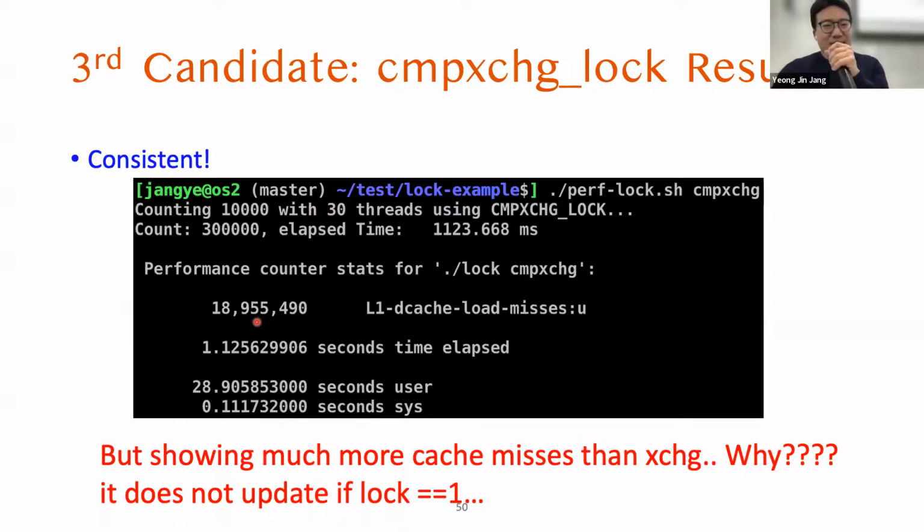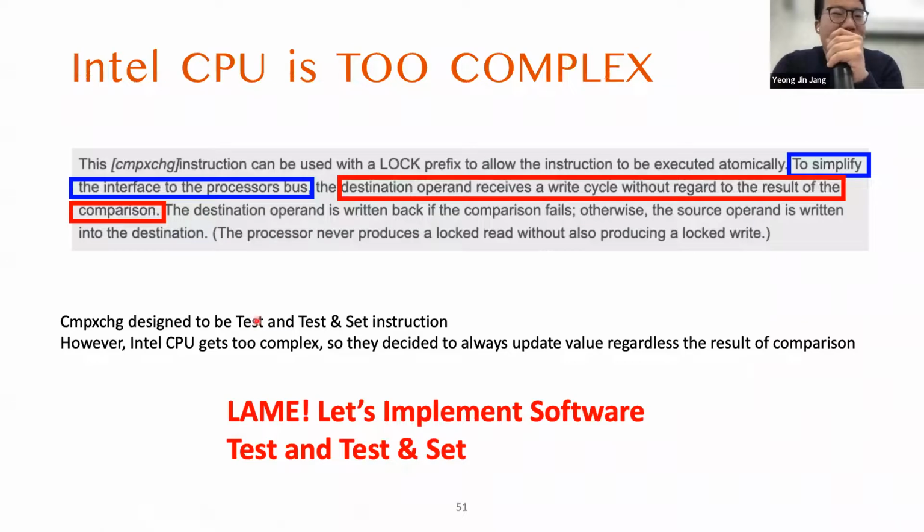And then I found one of the articles saying that the compare instructions can be used with the lock prefix to allow instructions to execute atomically. So this is good. But the problem is that, to simplify the interface to the processor bus, the destination operand receives the write cycle without regard to the result of the comparison.